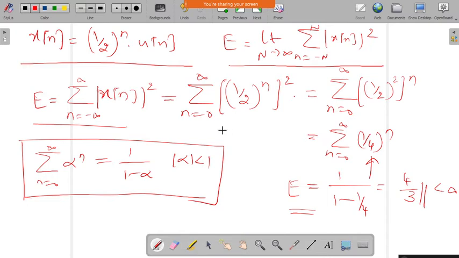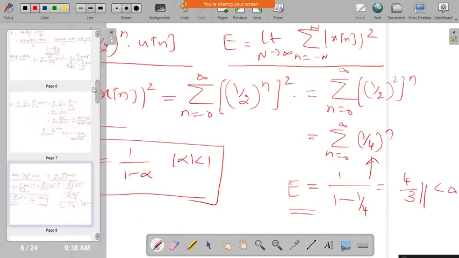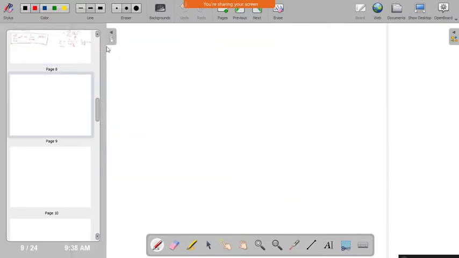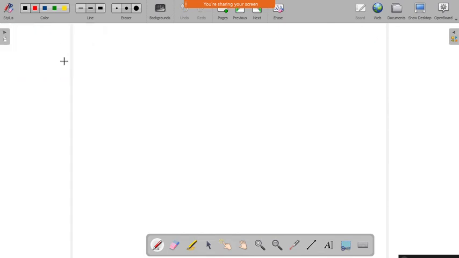Take this one and try to do it. Definitely there is a problem based on energy and power signals, so I need to practice more. x of n is equal to 2 into e power j 3n. Take this one and find out whether it is an energy signal or power signal.